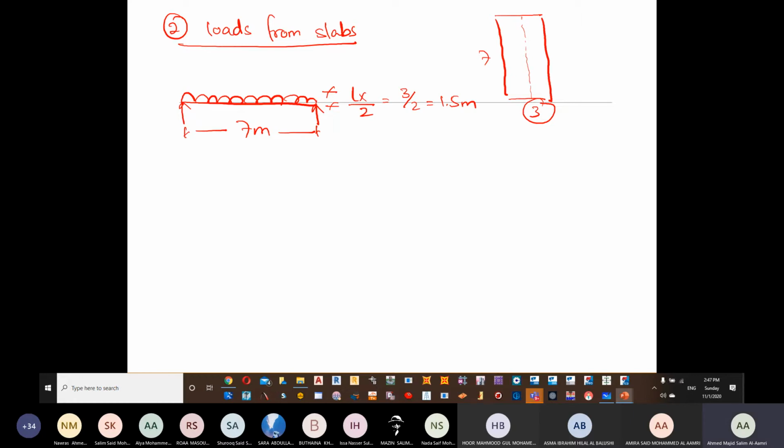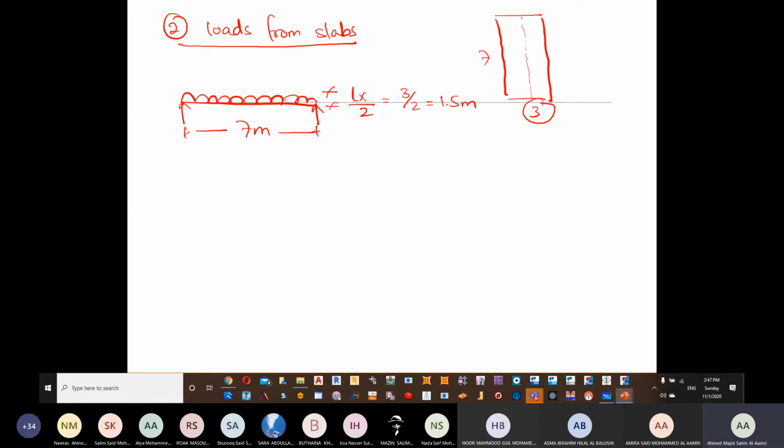Okay, very good. Now the loading is having a unit of meter. Do we have any loading having a unit of meter? No, we don't.